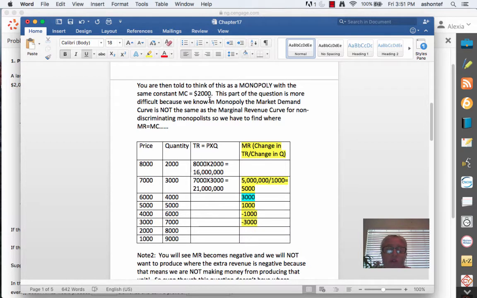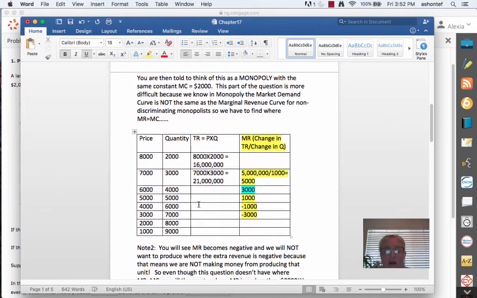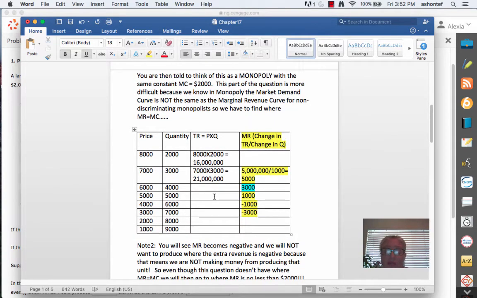Your demand curve, which again is represented here with the price and quantity, is not going to be the same as your marginal revenue curve for monopoly. But the place at which firms determine where to produce and then price accordingly is always where marginal revenue equals marginal cost. In order to come up with that answer, you actually have to do a couple things.